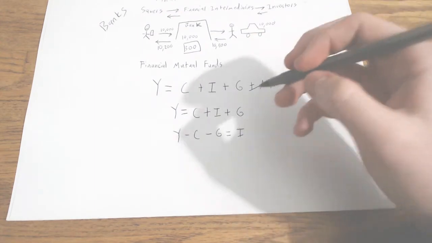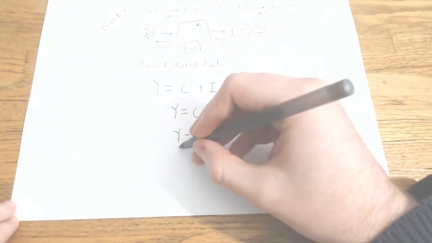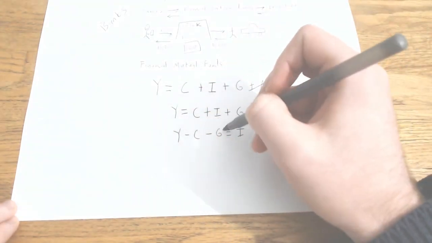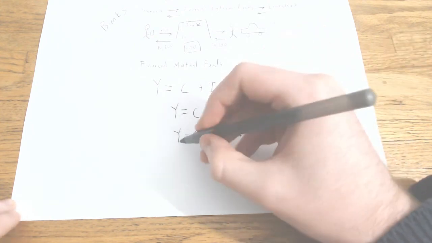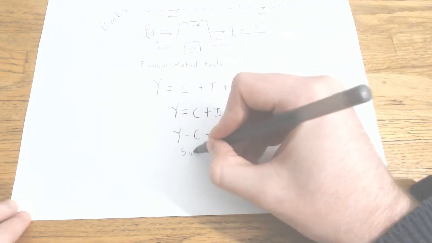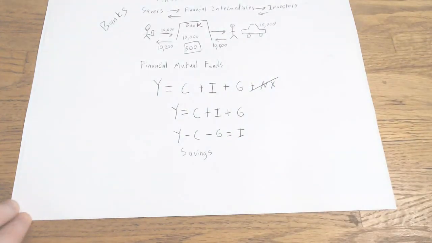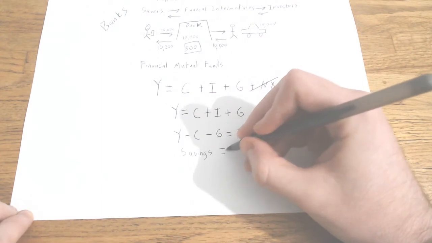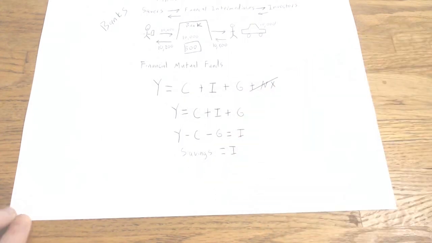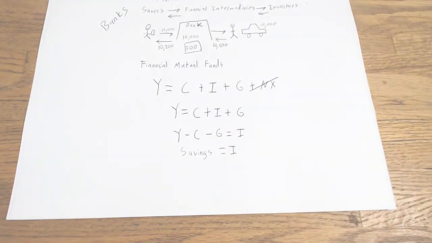This is savings, right? Income minus spending, savings, which is equal to investment. So by accounting principles and our identity, savings should be equal to investment.